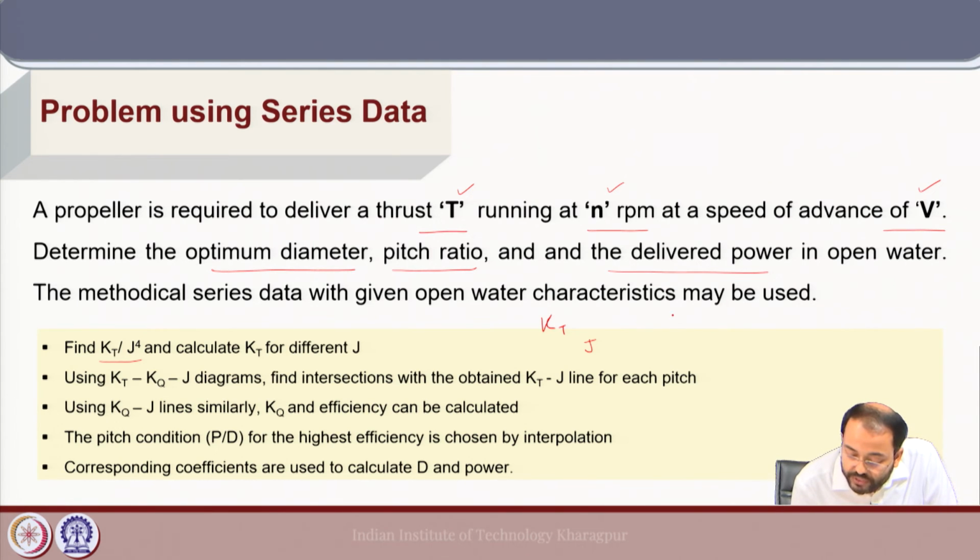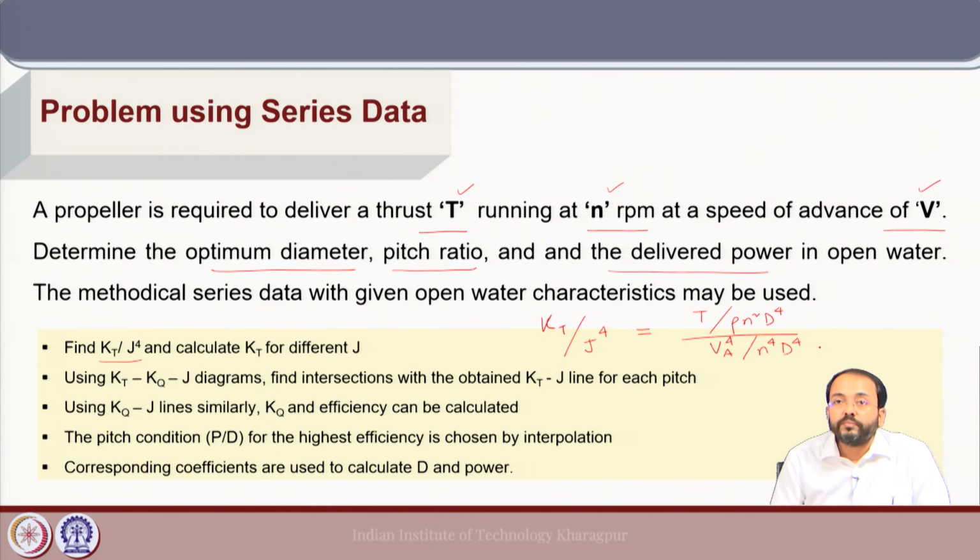So, if we take KT by J to the power 4, it gives T by rho n square D to the power 4 and V_A to the power 4, right. So, here what is simply done is the diameter is eliminated, because it is an unknown that we have to find in this problem.